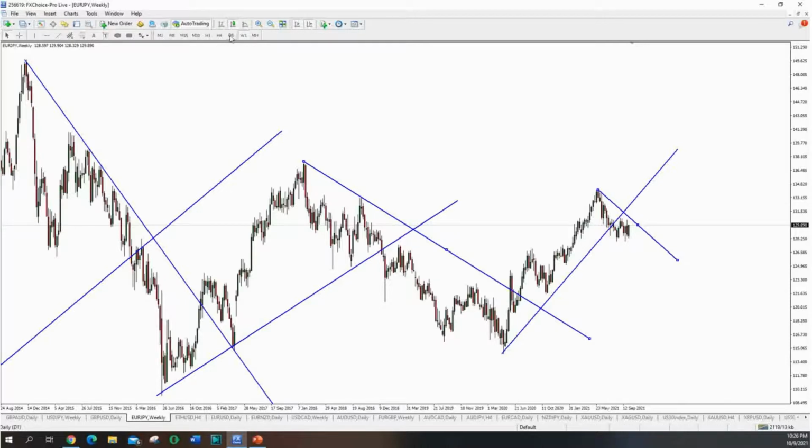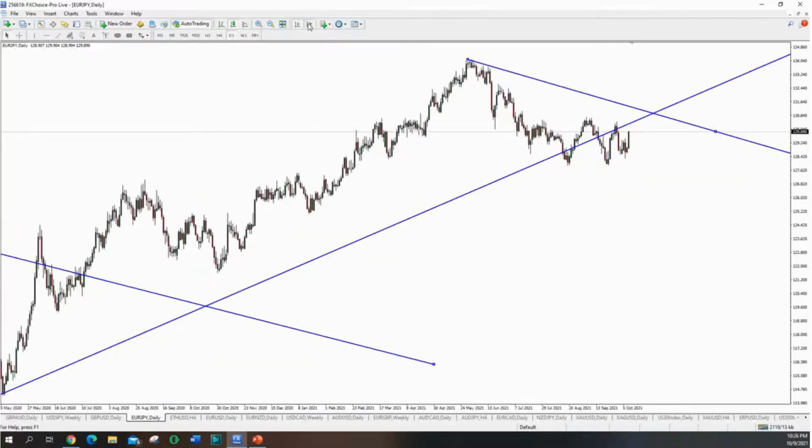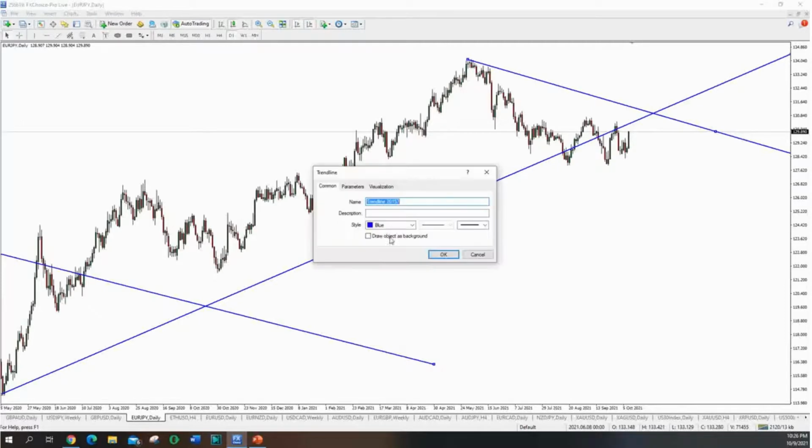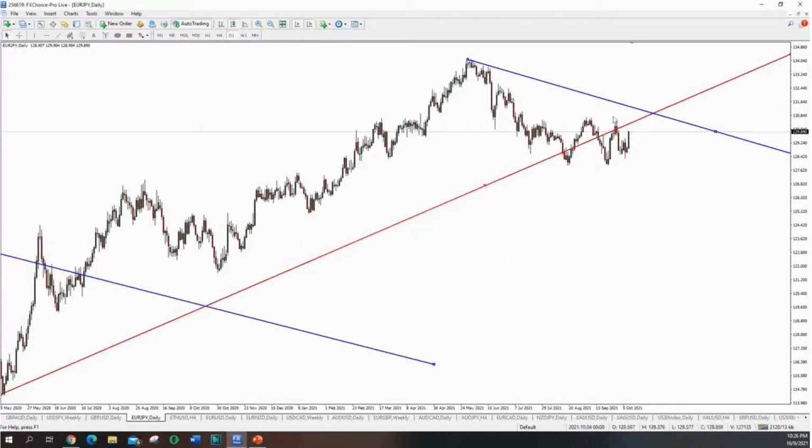Here, let's go to the daily. So yeah, the market looks like it broke this uptrend line, this blue one here. Let me change that color. Let's put this red. So the market broke it, and then it looks like it's gonna come to retest the backside of the trend line, or might touch this downtrend line here.